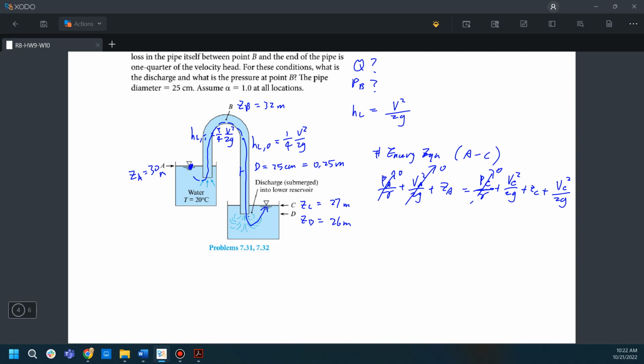So now we can plug in the numbers. ZA is 30 meters, which equals ZC, 27 meters, plus the velocity term.